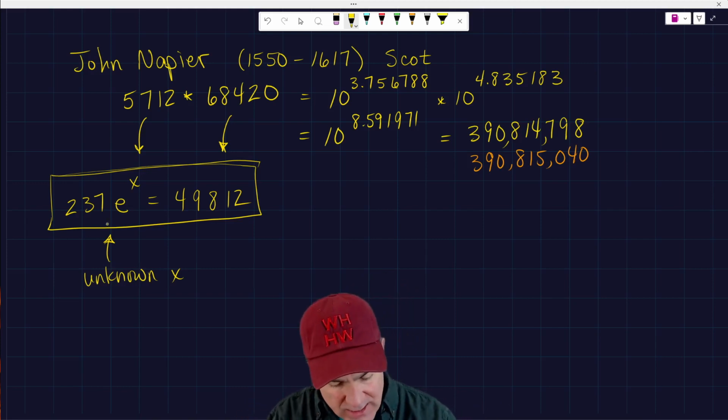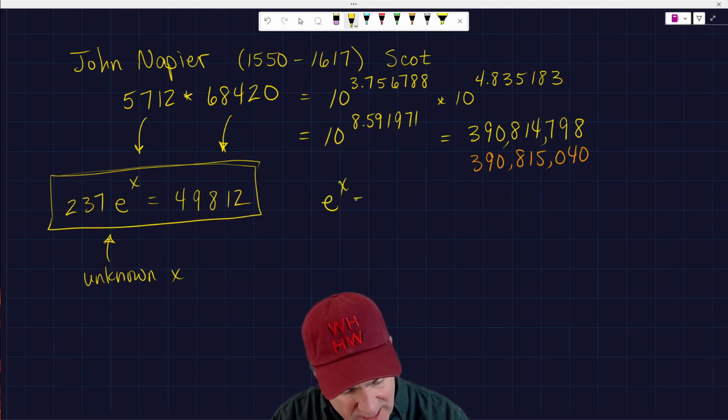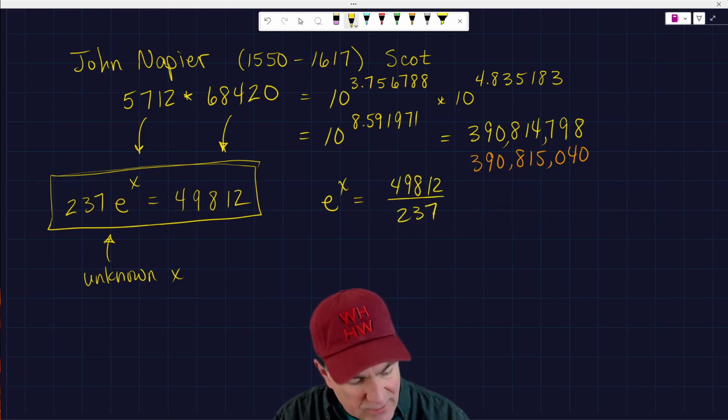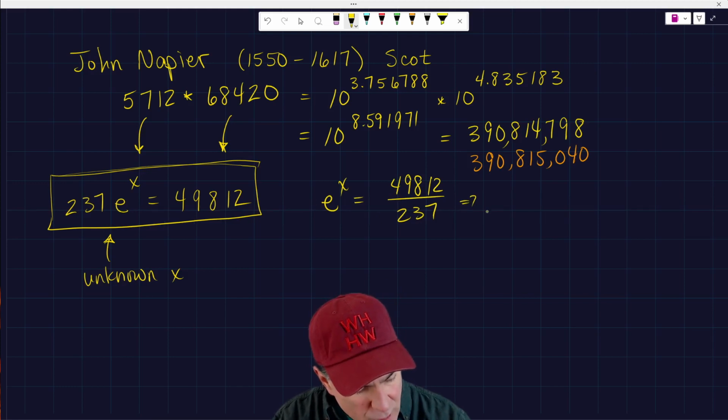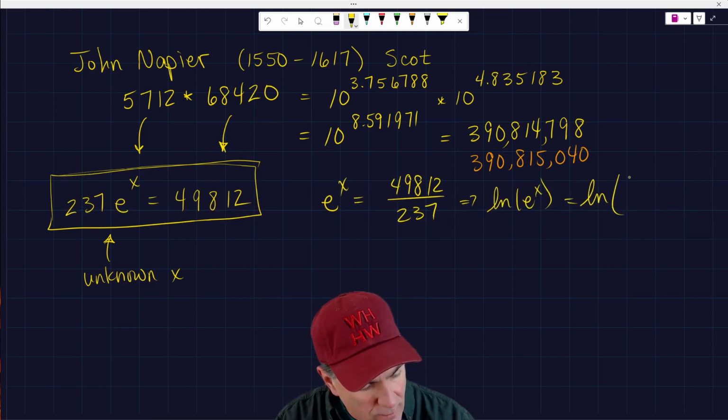So what we would do in this case is divide both sides by 237, and we would have e to the x is equal to 49,812 divided by 237, which we could easily do the calculation on. But then what we would do is take the natural log of both sides. So here we take the natural log of e to the x and the natural log of 49,812 divided by 237.